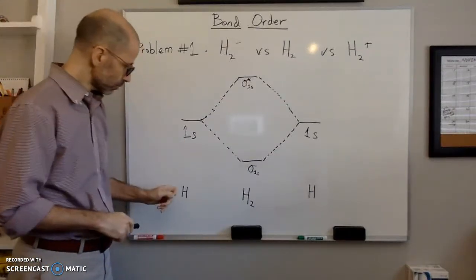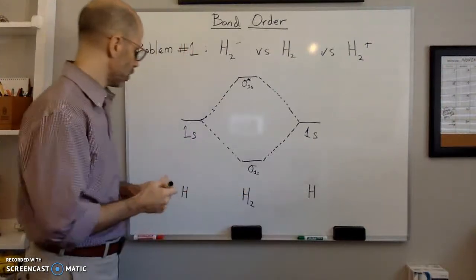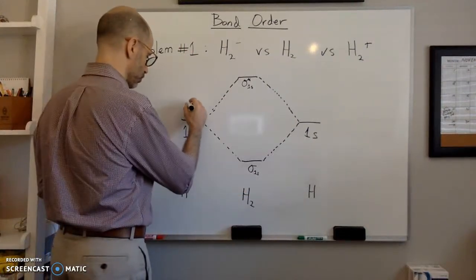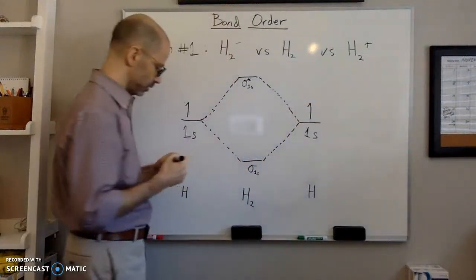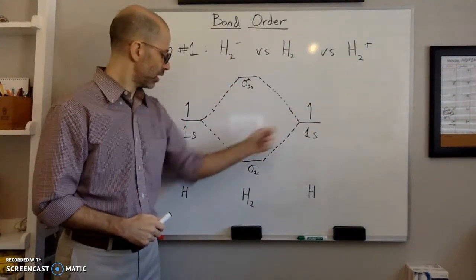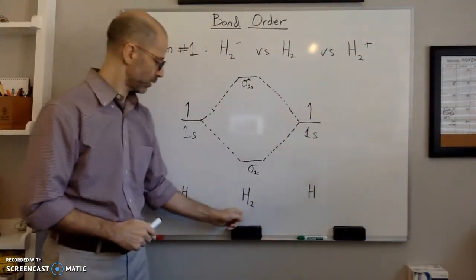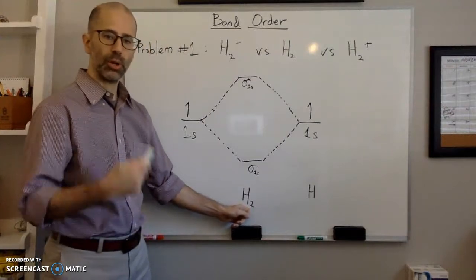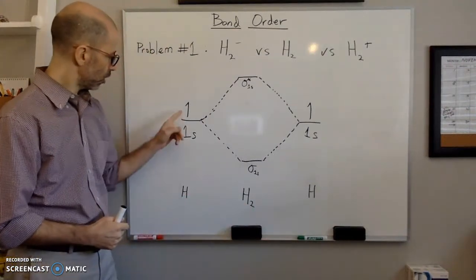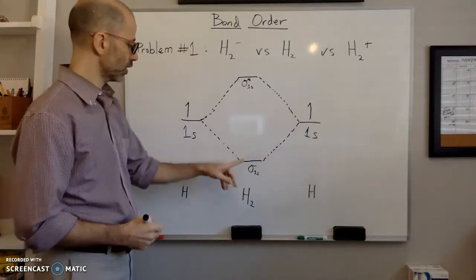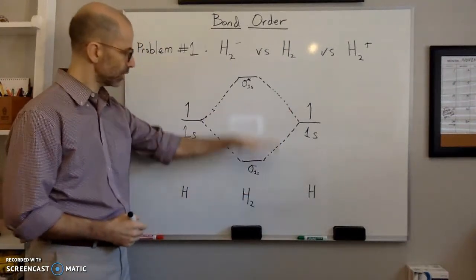Each hydrogen has 1 electron. So now, here we have H2. When you bring them together, in our molecular orbitals we have 2 electrons. We're going to fill in from the bottom up.